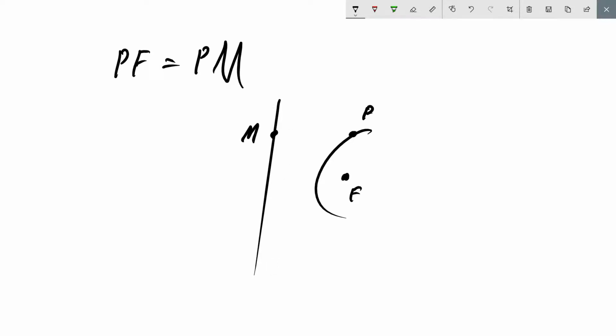So this point M will have the x value negative a, because that's what the directrix is, and then the y value will be the same as the P value, just y value. Keep that in mind when we actually start doing some working out.